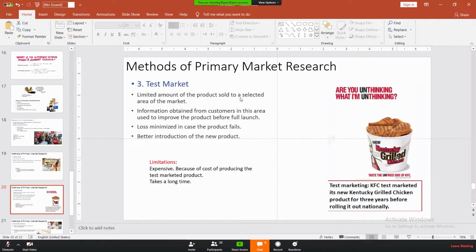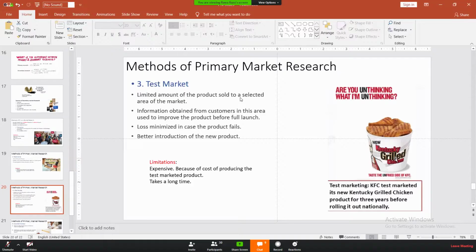It was their new Kentucky Grilled Chicken. They were not sure about the new flavors in that chicken, and they were not sure whether people would like them because it was new. So what they did was they chose a location. I think it was Missouri, but I'm not sure, in America. So they usually use a geographical location, a state, a city, a town.